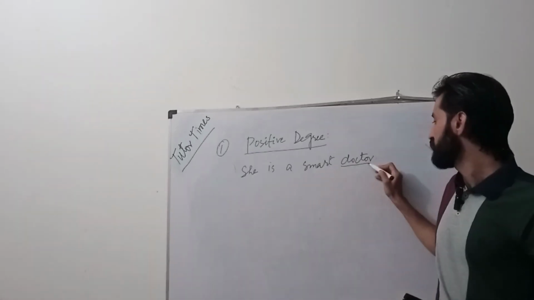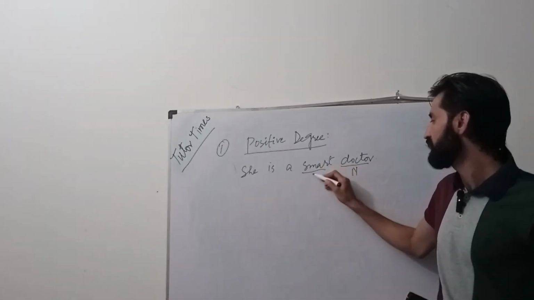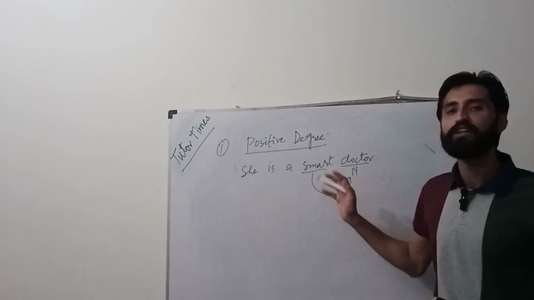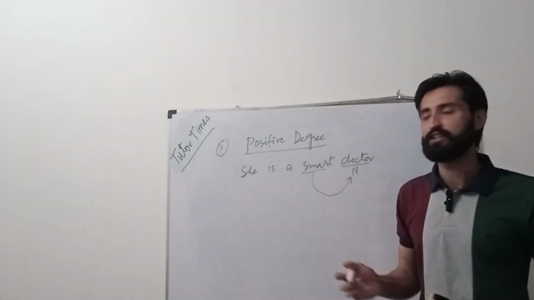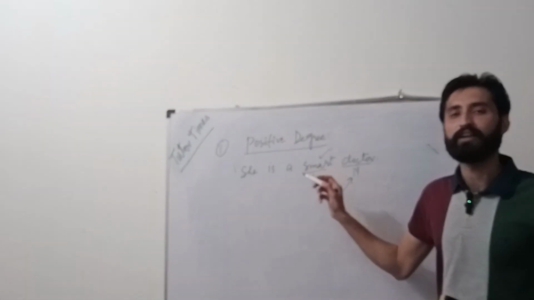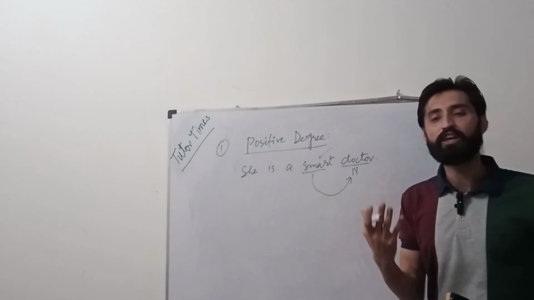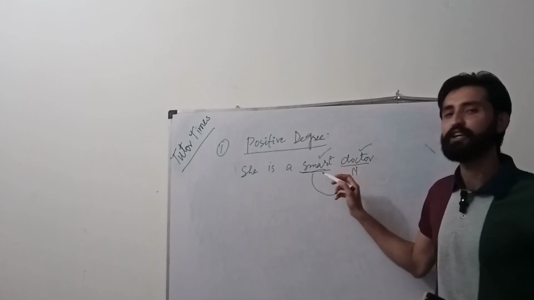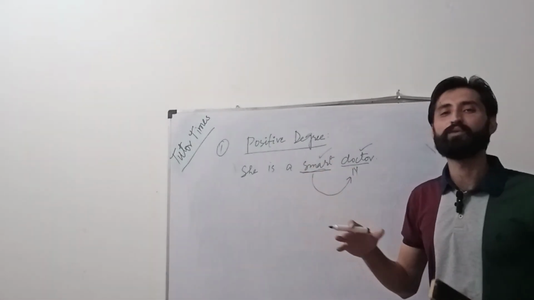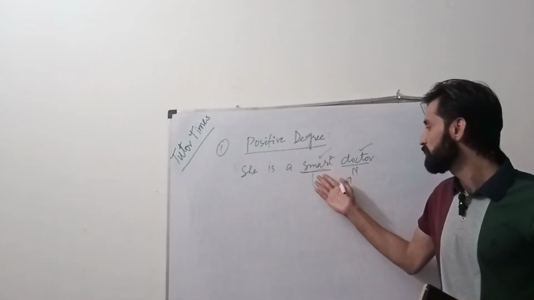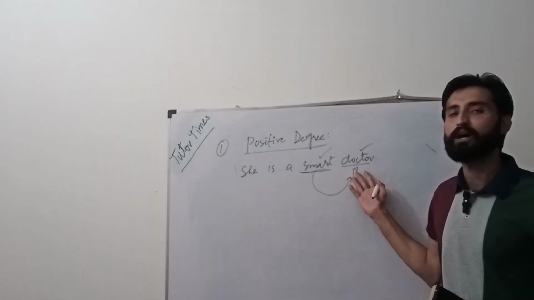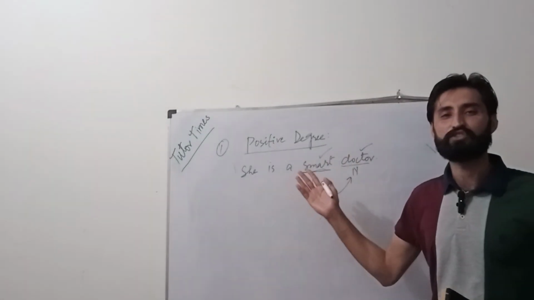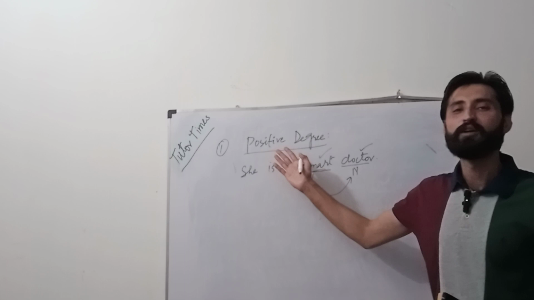So here, doctor is a noun and smart is basically modifying the noun, that which type of doctor is she. So she is basically smart. So here I am just stating the quality of the noun without comparing it with other doctors or without saying anything else, but simply we are just talking about that which type of doctor is she. So that is why we can say that this is a positive degree.